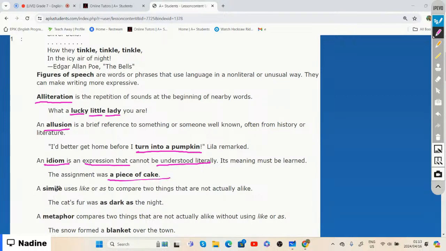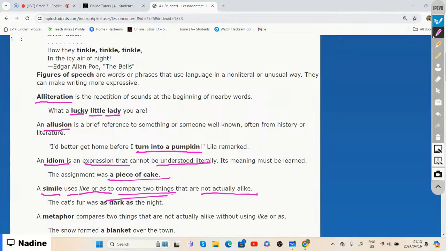Then we have a simile. And a simile uses words like "like" or "as" to compare two things that are not actually alike. And once again, it's a figurative expression. It doesn't mean literal.